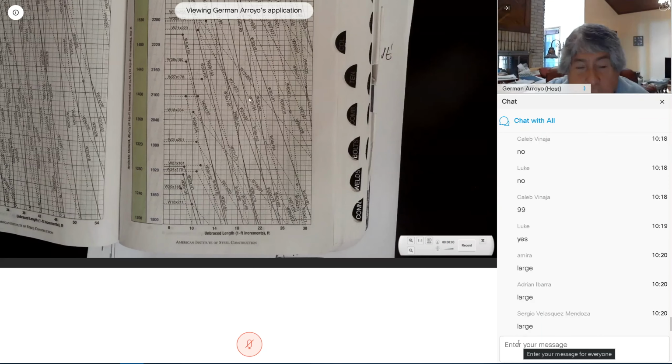Anybody else? 36 by 160. I don't know if you're looking at a solution, but you have to be very careful when you look at this. Yeah, 36 by 160 is close, right? And for the 36 by 160, you go up and hit that line and go to the left. What is the approximate phi M sub N that you find?